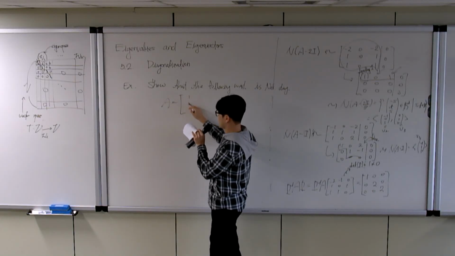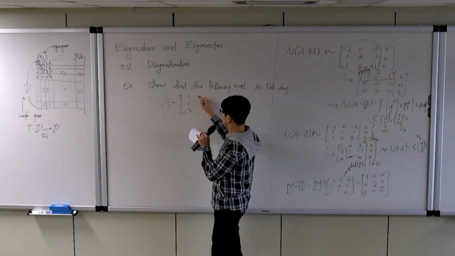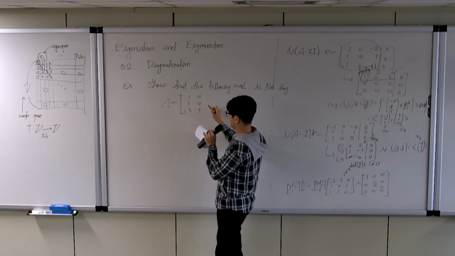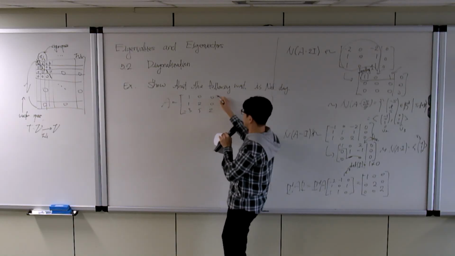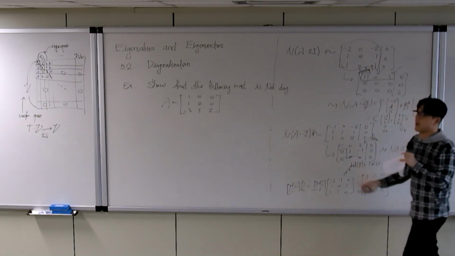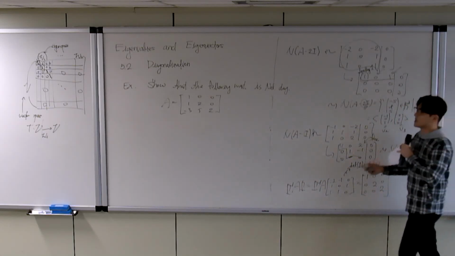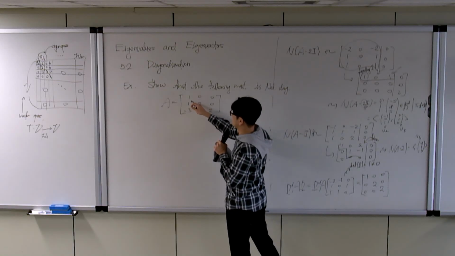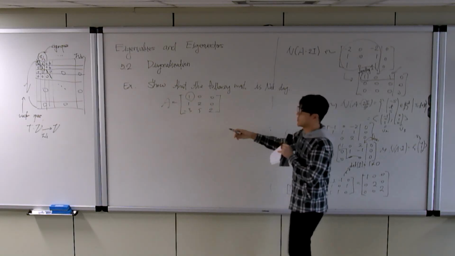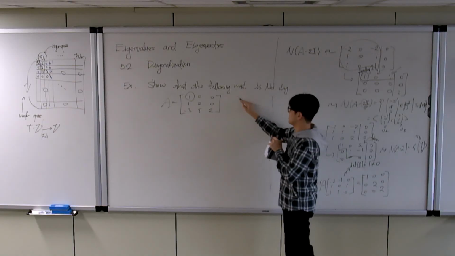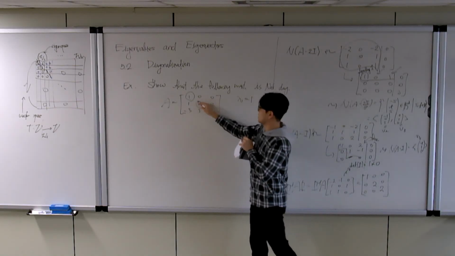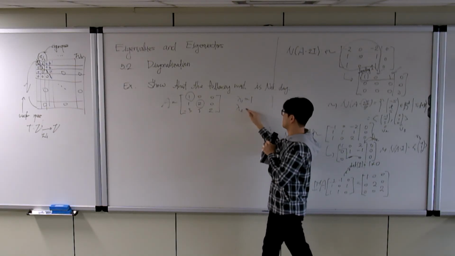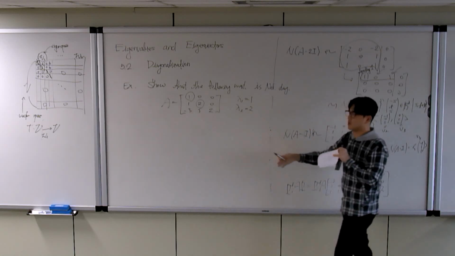I write here just one. And then you have only one free parameter, and that means the dimension of the null space of A minus 2I is 1.